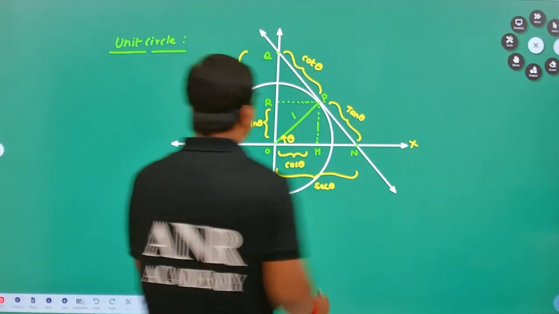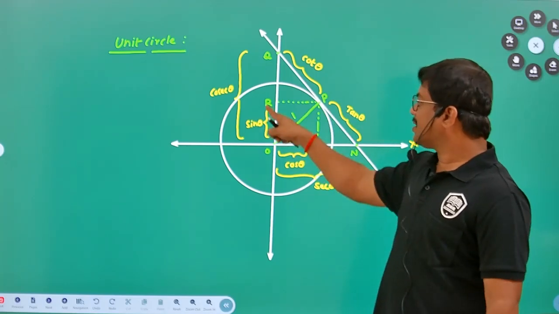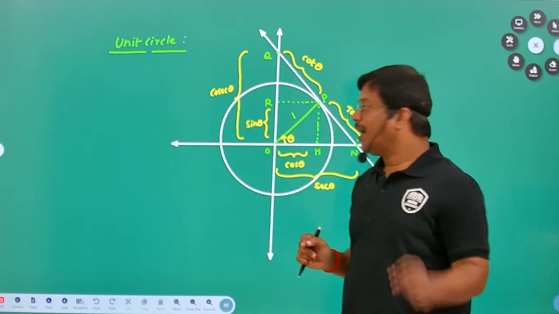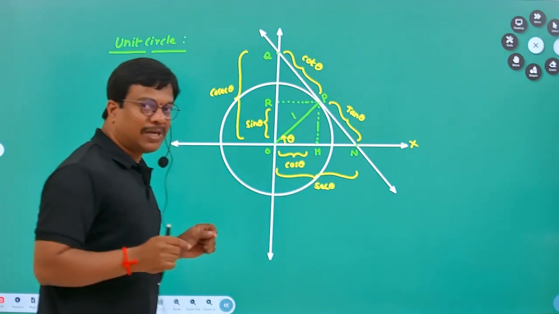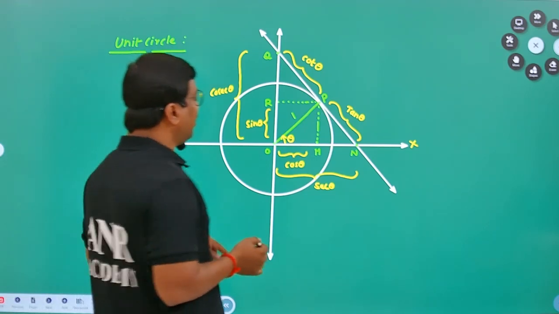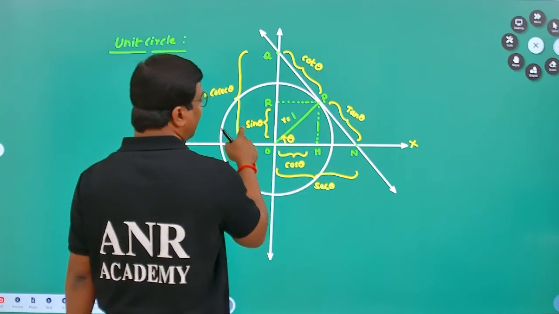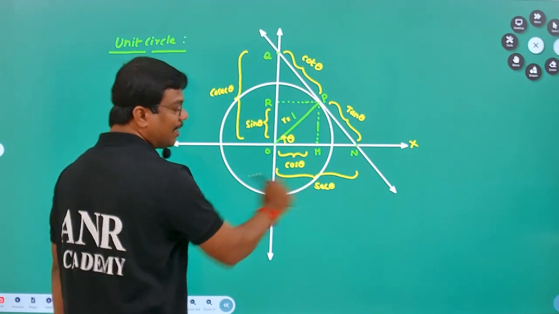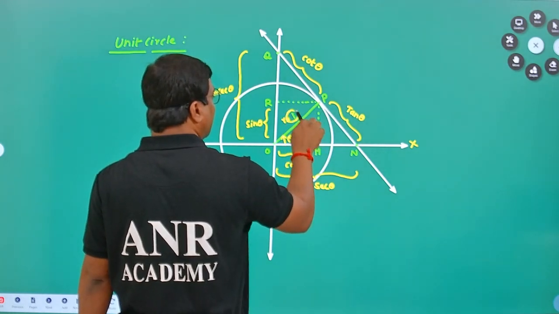Here, if the circle is of radius 1 unit, this is sine theta and this is cos theta and this is tangent, cotangent, secant, cosecant. And suppose the circle is not of 1 unit radius, assume that it is of some radius r, then it becomes r cos theta, r sin theta, r tan theta, r cot theta, r cosec theta and r secant theta.